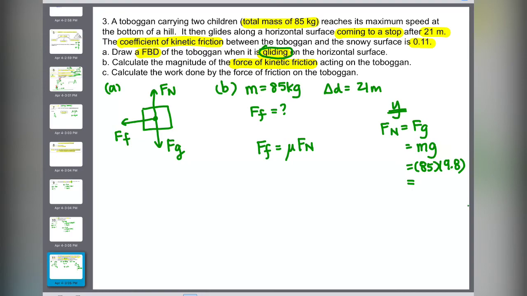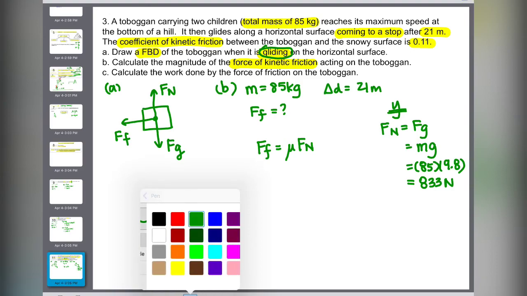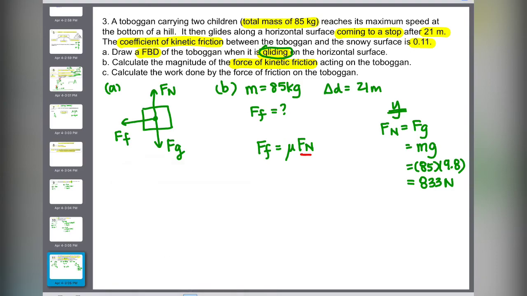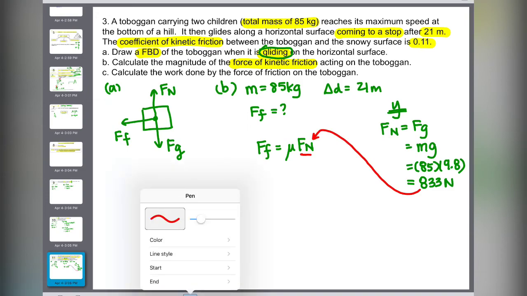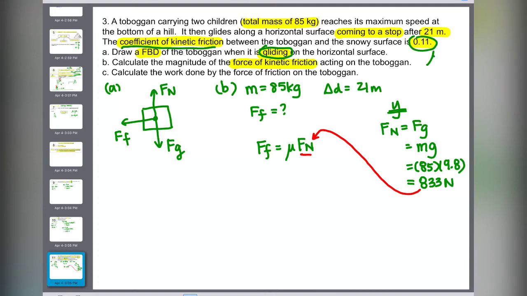So 85 times 9.8. Ooh, good question. Do we remember? They come back. They don't go away. Okay, so first of all, work out what Fn is. Fn is 833. Then what I can do is now I can throw this number into this Fn, right? And I already have mu. I don't know if you remember. Am I going too fast? Do we remember coefficient of friction has a symbol of the mu? I didn't write it out as my given.